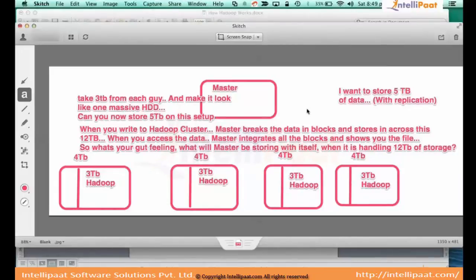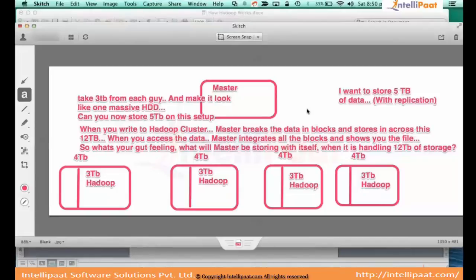We've told the master, hey master, I've given you 4 servers, you break everything in pieces and store it. So if I give you a file which is facebooklikes.txt, which is, let's say, 5 terabytes, you break it into blocks of 64 MB and spread it across the cluster and store it. So what will the master be storing? You're right, information, but what information? Of which block is stored where?